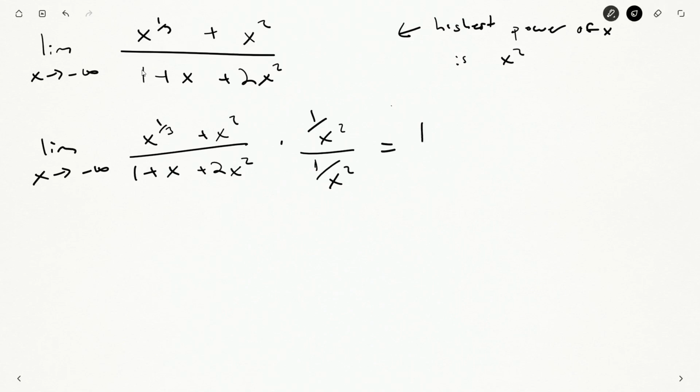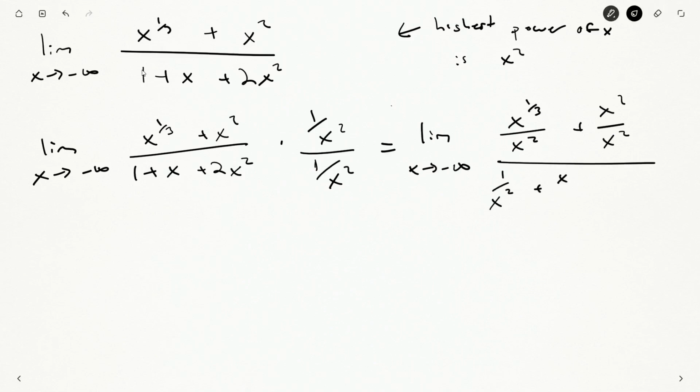So now when I multiply through here, I get x to the 1/3 over x squared plus x squared over x squared, all over 1 over x squared plus x over x squared plus 2x squared over x squared. Now, there's a lot of simplification that can be done using our rules for exponents.